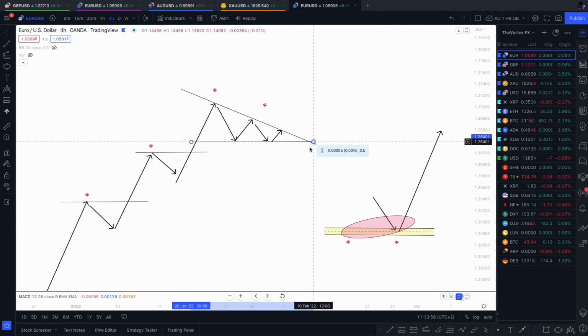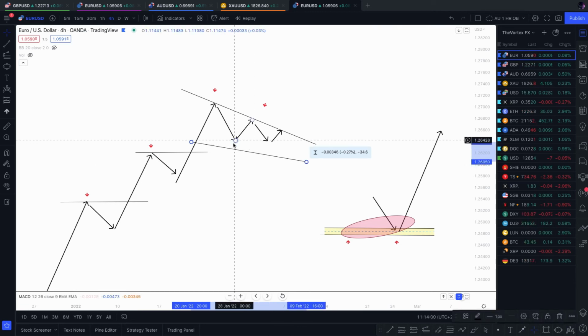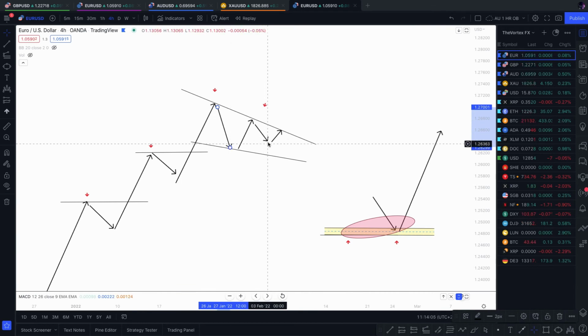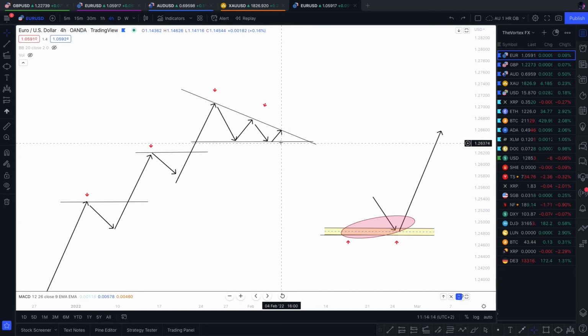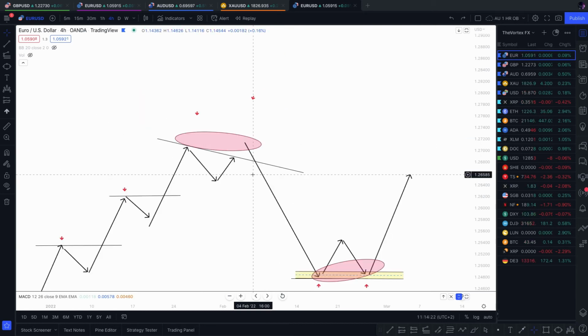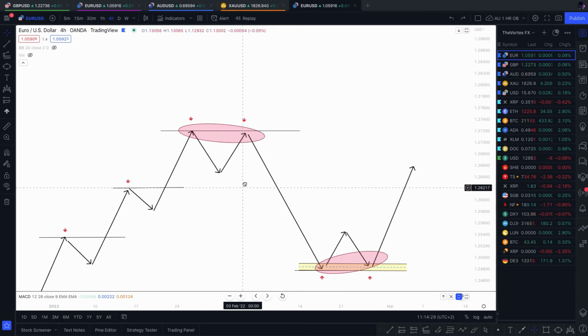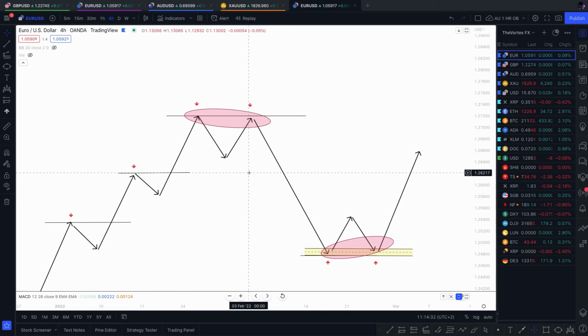Or we could have a descending flag, where price bounces off of resistance, hits support, comes back down to support, bounces back up to resistance, and then it all gets very, very messy, right? So generally what we like to see is price stay relatively straight and even, just with the second peak not quite touching as high as the first.